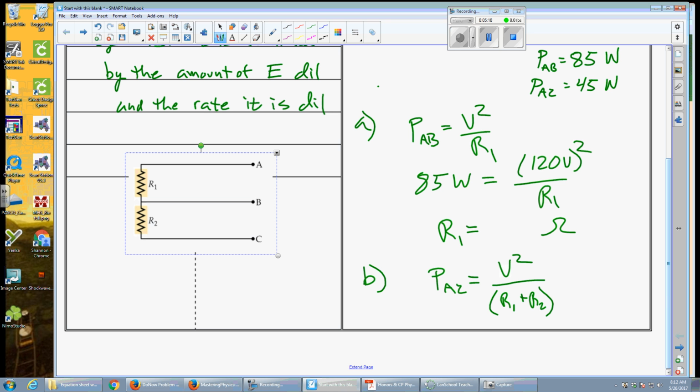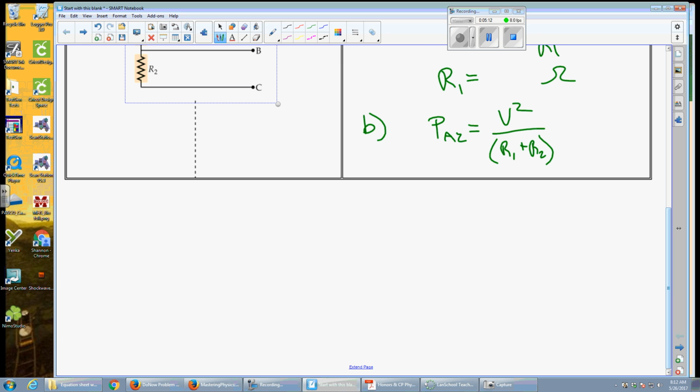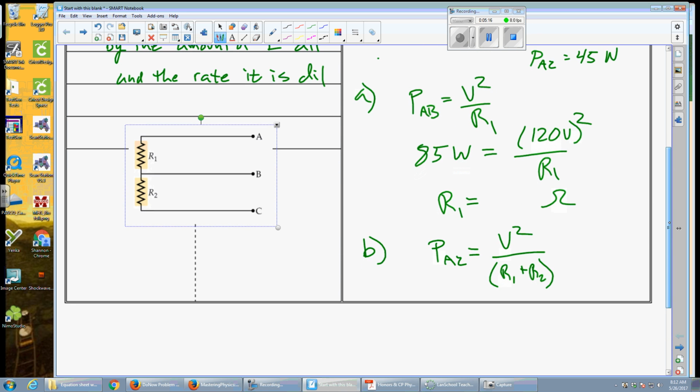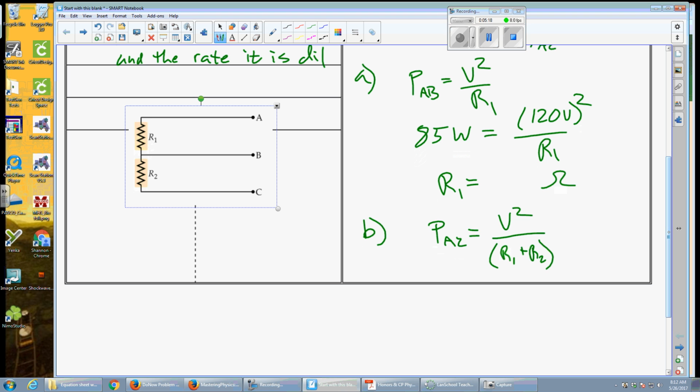And then I can just do my substitution again, right? Because I know that that's 45 watts. And again, my voltage hasn't changed. That's my constant. I'll know R1 because I will have done the first part, and then I can just solve for R2.